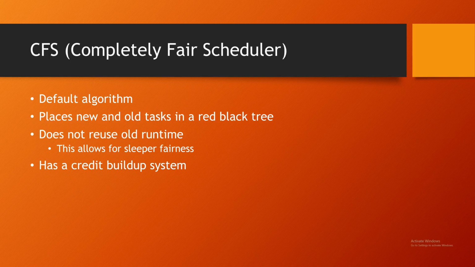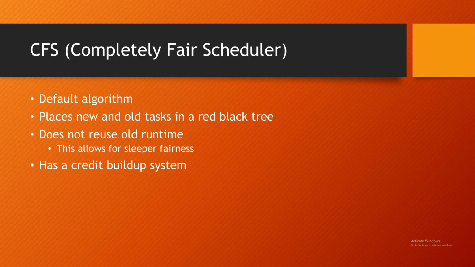So this is the default algorithm for Ubuntu, and I'm pretty sure for Linux as well. It's the completely fair scheduler, CFS, which I'll be referring to from now on.